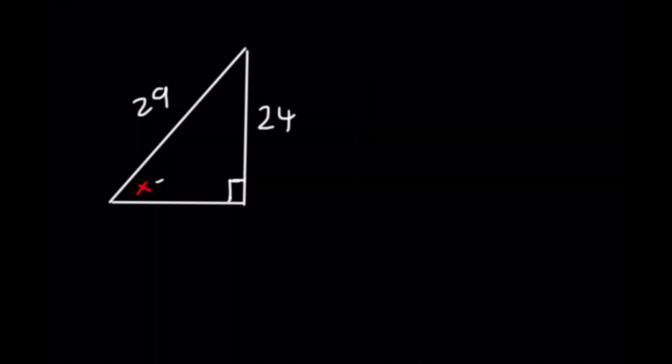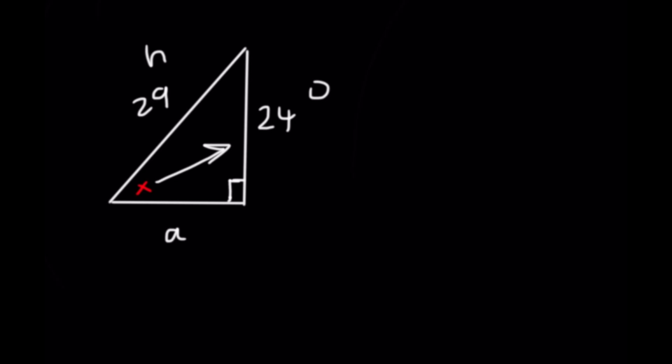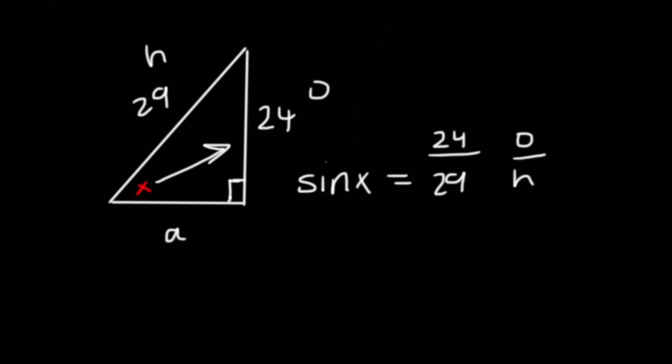Okay, here's another problem. We are solving for x again, so let's see the sides. This one is opposite, this one's adjacent. We're not given the adjacent, so we're going to ignore it. Which trig function doesn't have adjacent? It's sine, the SOH part of SOHCAHTOA. So sine x is equal to 24 over 29, opposite over hypotenuse.